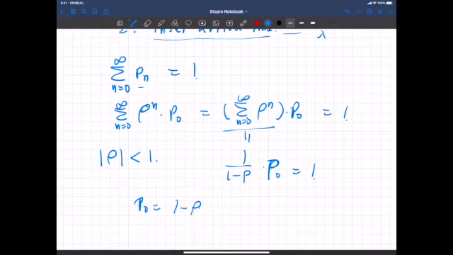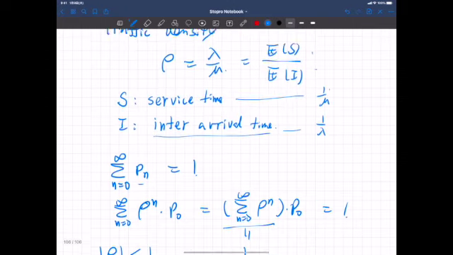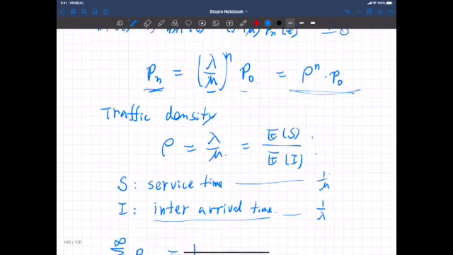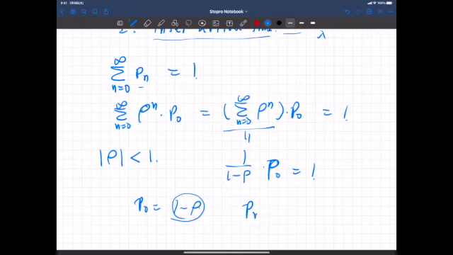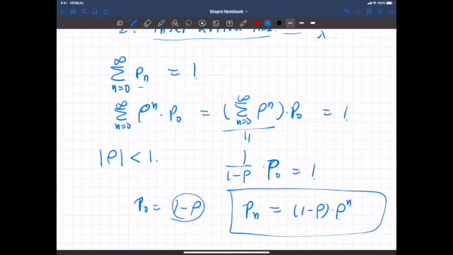So after all, if we substitute this into this, we have, in general, Pn is equal to 1 minus rho times rho to the power of n. So this is the final result if we assume the limiting process.